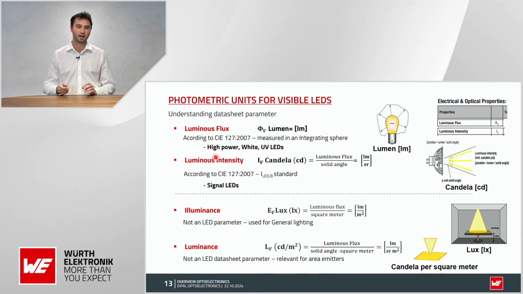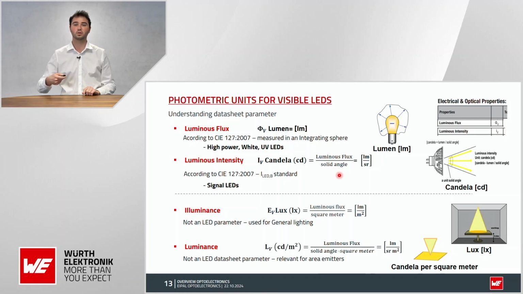The luminous flux gives you basically the amount of light that is emitted by the LED in all directions. So it just takes all the light. Compared to this, the luminous intensity is not looking at all the light, but only the light that is emitted to the front into a certain solid angle.